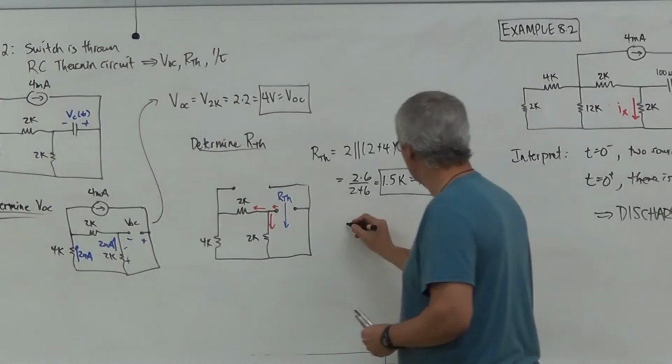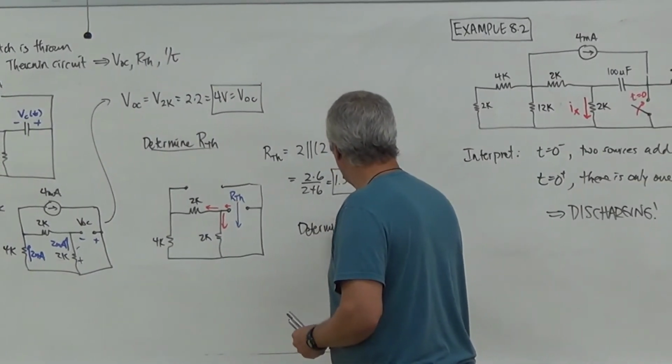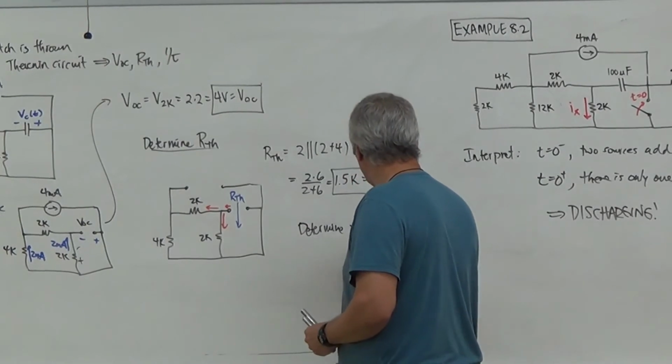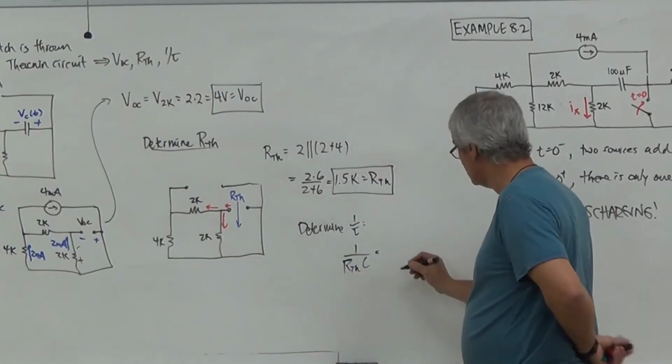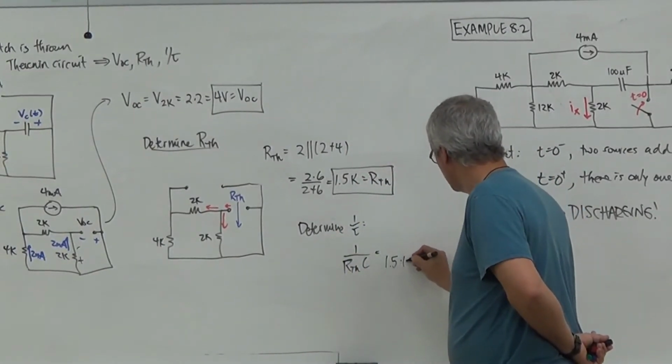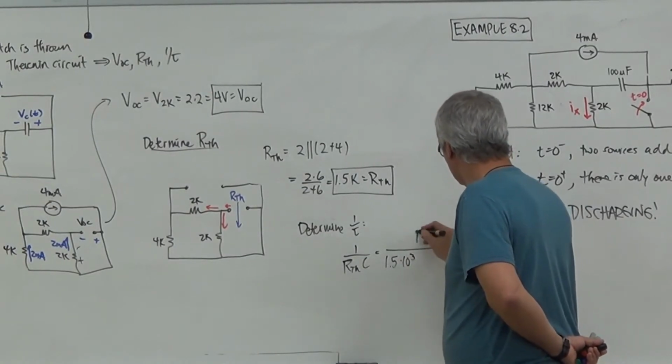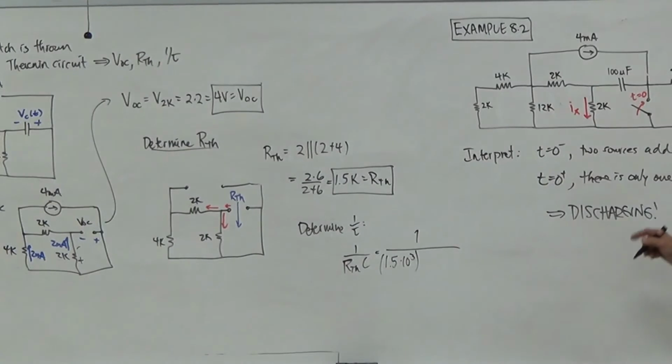And then the last thing I got to determine here is 1 over tau. If I look at 1 over tau, it's got to be R Thevenin times C. So R Thevenin is 1.5 times 10 to the 3. Now, what is this guy? It's 100 microseconds. If this is in microseconds, then what I probably do here is play with the powers of 10. So that's 10 to the 2 times 10 to the negative 6.